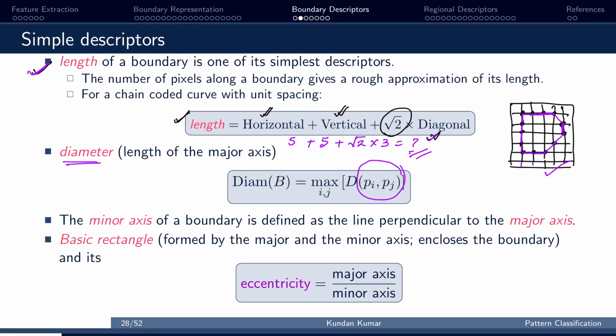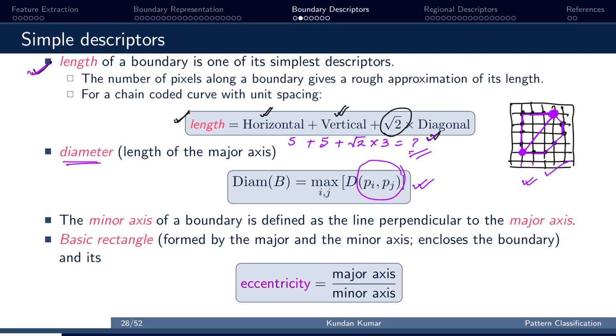So here, if we consider this boundary representation, it might be possible that these points and these points have the maximum distance compared to all other pairs of boundary pixels. Okay, so that will give you the diameter descriptor.